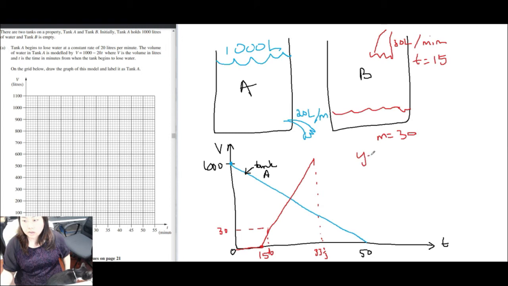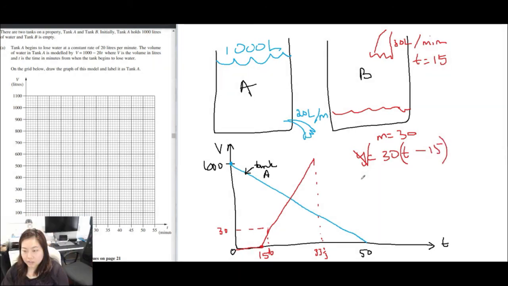So that's y is equal to 30t, or V is equal to 30t minus 15. Let me just double check this. When volume is at 1000, I should get t is 33 1/3, but let's see. 1000 divided by 30 plus 15 is equal to t.